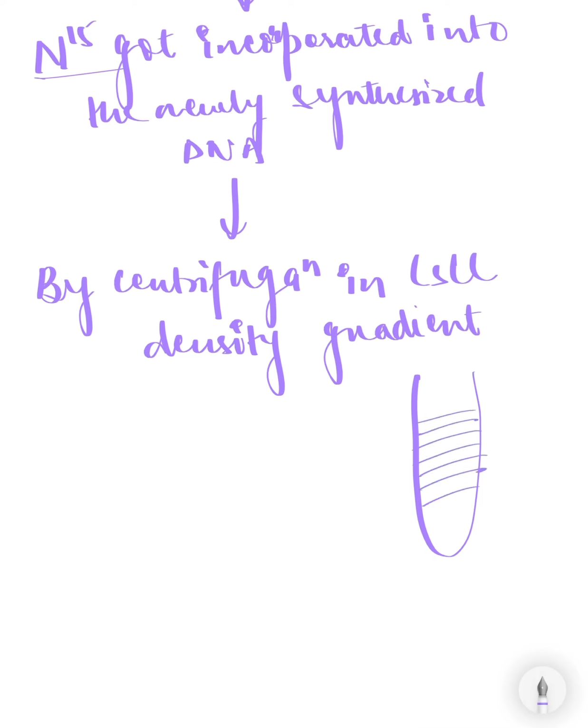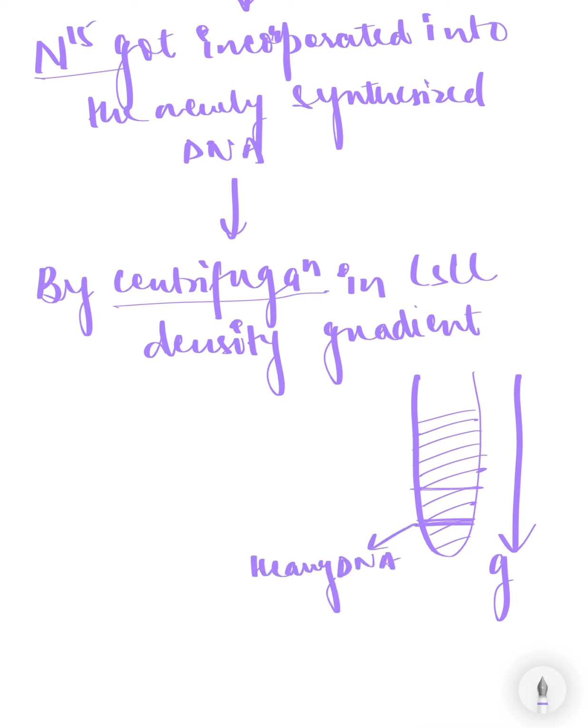If we put the DNA here, and this is the gravitational force, the heavy DNA would be here and the light DNA would be above this. This is the centrifugation in cesium chloride. So this is the heavy DNA and this is the normal DNA.